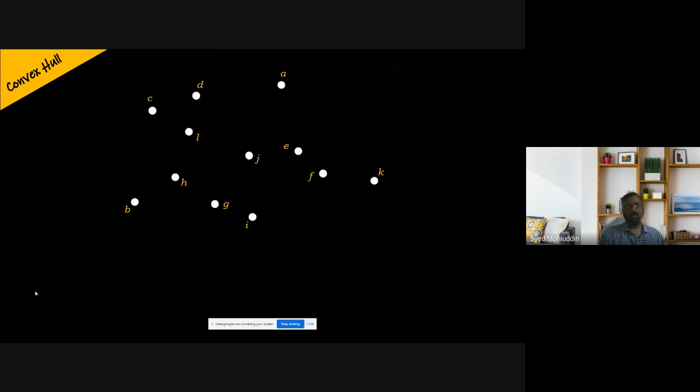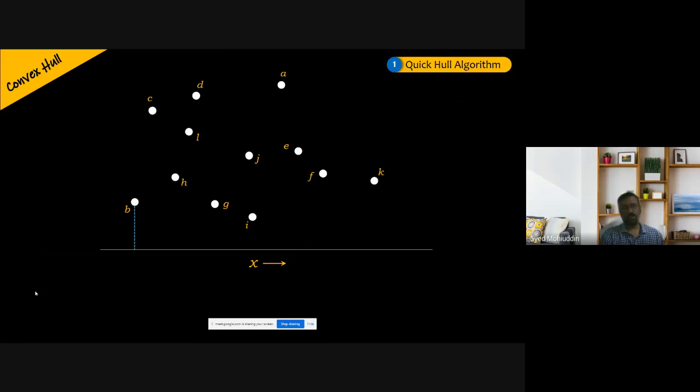In the quick hull algorithm, we try to choose extreme points on the x-axis. So which is the extreme point on the x-axis? On the x-axis, we have B, which is the extreme towards the left. Let us call this point B as P1.